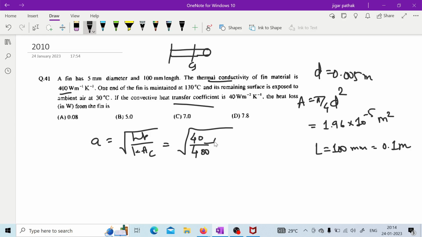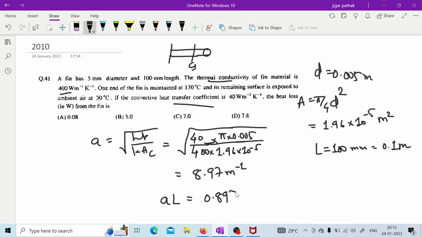So it is 40 by 400 into pi d, d is 0.005. And this A you have calculated, 1.95 or 1.96 into 10 raised to minus 5. So this will be what? 8.97 meter inverse, right? Now mL will be what? 0.897, right? Because L is 0.1. So if you multiply this m and L, then you will have 0.897.